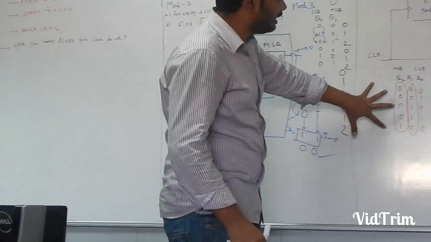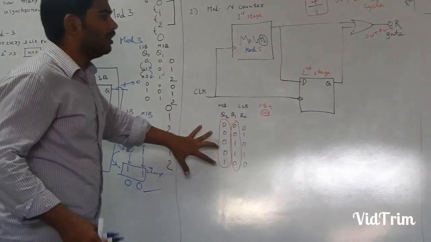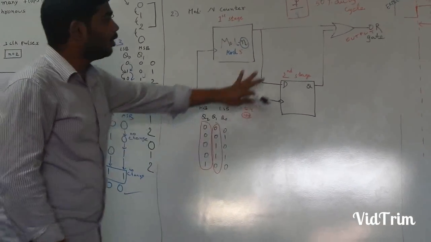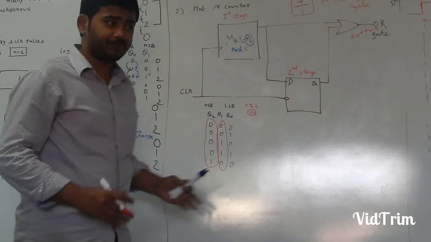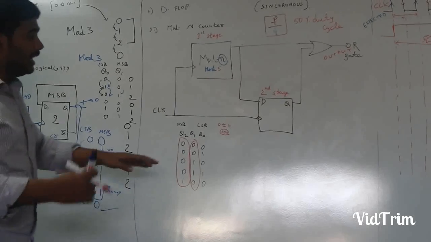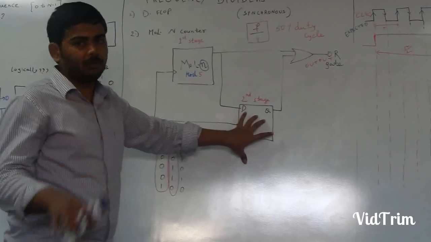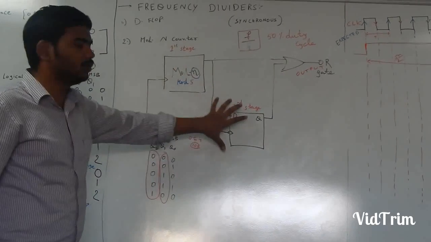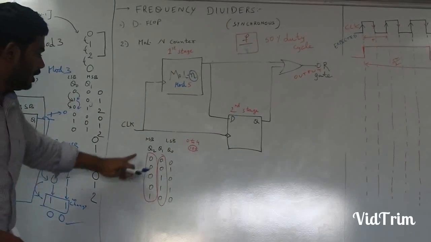Now let's talk about, by taking Q2, what is the hardware required? It need not be this hardware only. We can get more number of flops or fewer, but one flop is the minimum we get, and these two stages are compulsory. So let me take Q2.